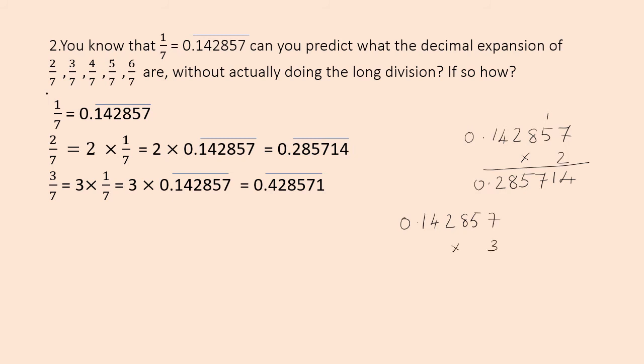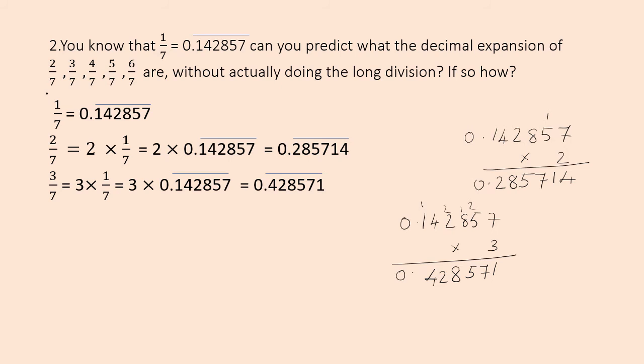So you will get the value of 3 upon 7. 7 threes are 21, balance 2. 5 threes are 15 plus 2, 17, balance 1. 8 threes are 24 plus 1, 25, balance 2. 2 threes are 6 plus 2, 8. 4 threes are 12, balance 1. 1 three is 3 plus 1, 4. 0 threes are 0. So you will get the value as 0.428571.